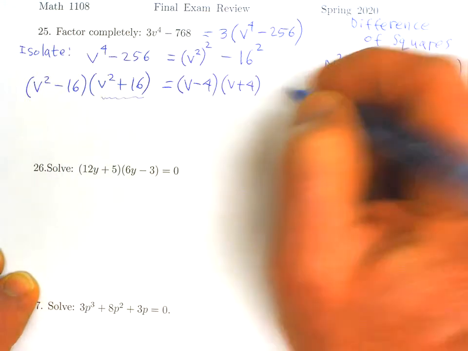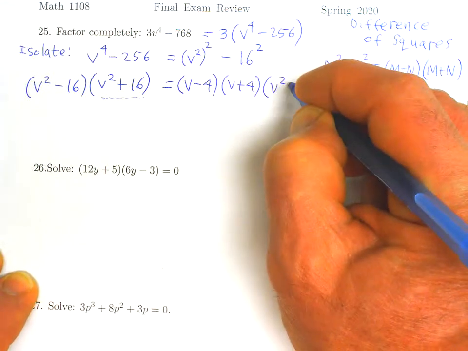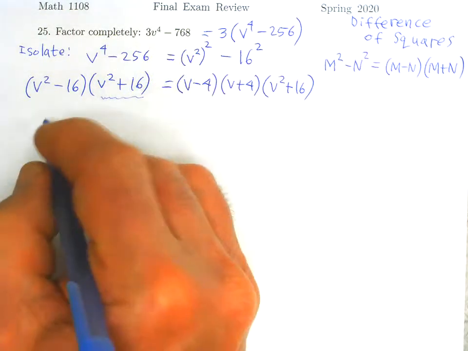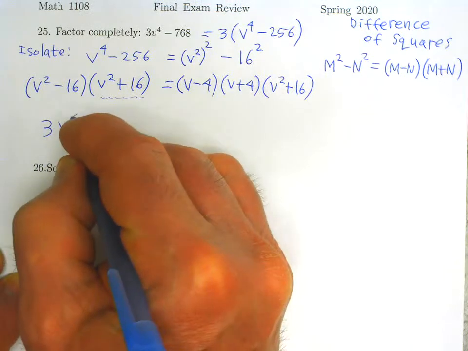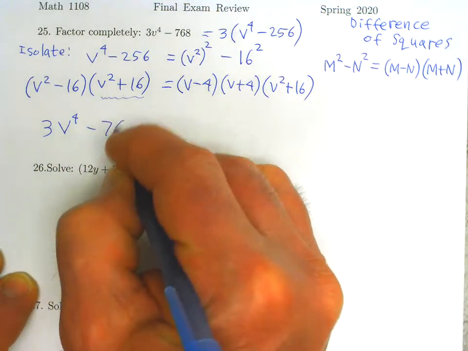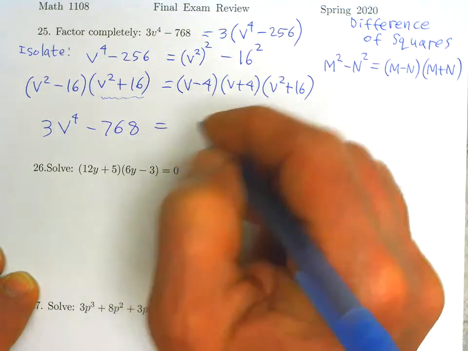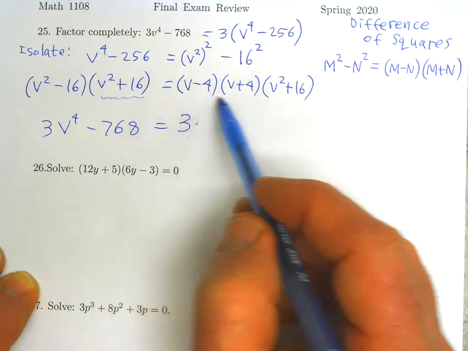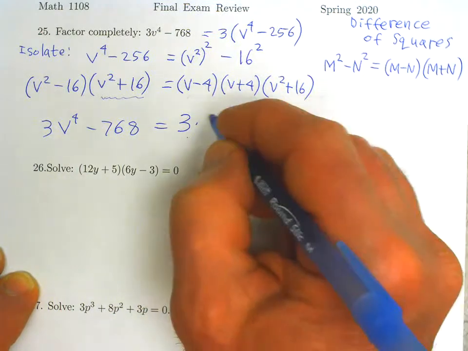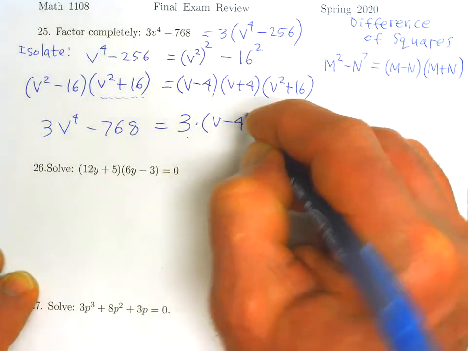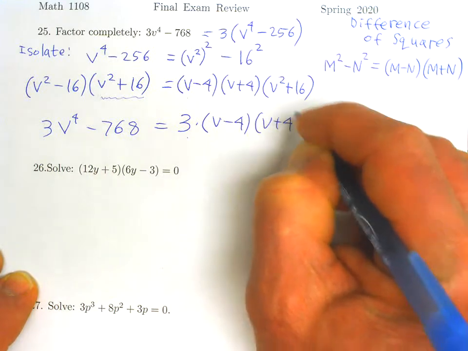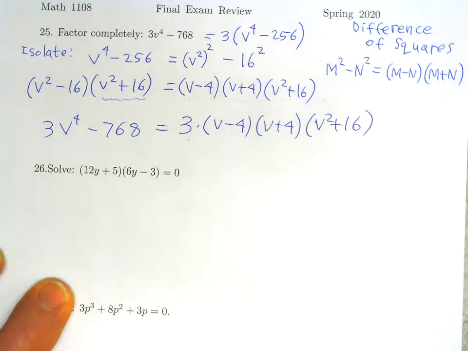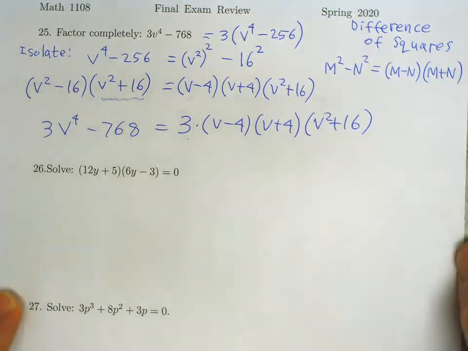And then multiply that by v to the second plus 16. Okay, remember what we started with. We started with 3 times v to the fourth minus 768. So we have to include the factor 3, and then we'll just write these factors. 3 times v minus 4 times v plus 4 times v to the second plus 16. That is the complete factorization.